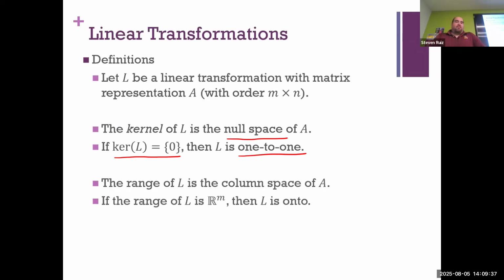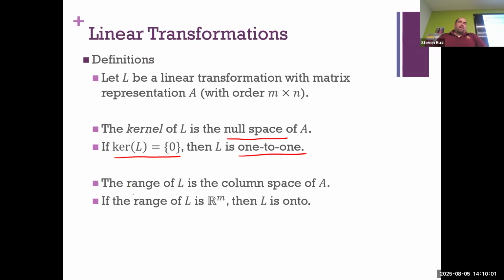The range: what are all the things your transformation can reach? That's the column space. What does the column space mean? If I take all the columns as vectors, and think about all the possible linear combinations of those columns, then that span is the column space.